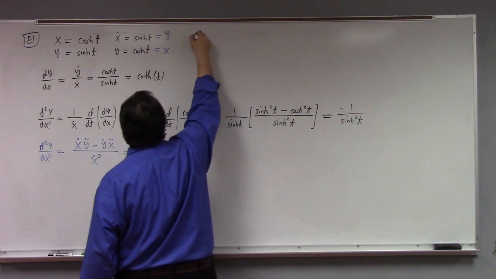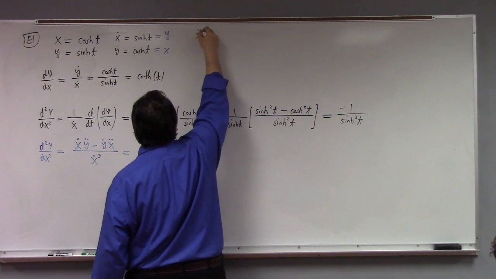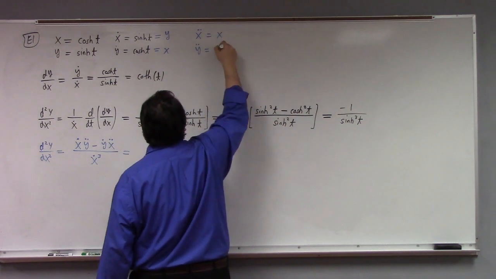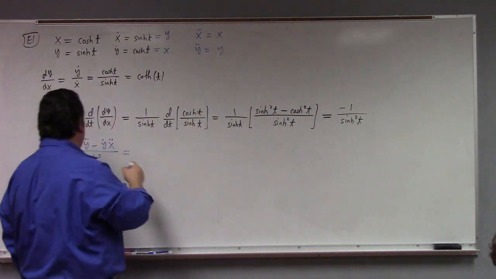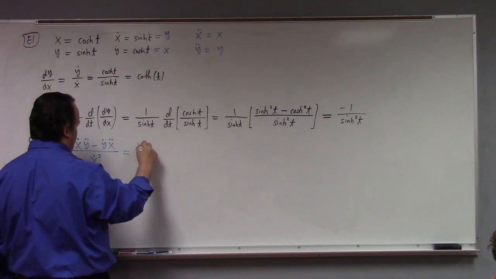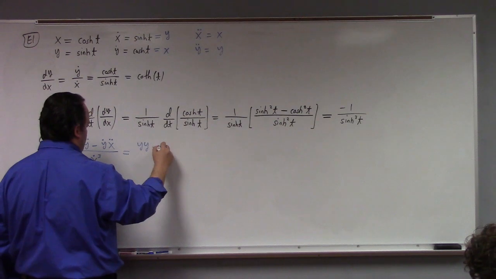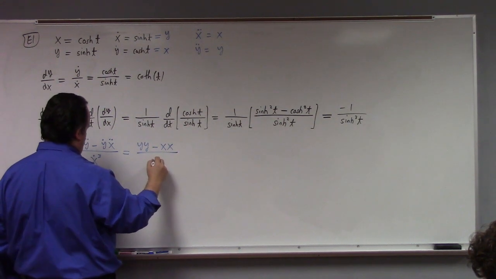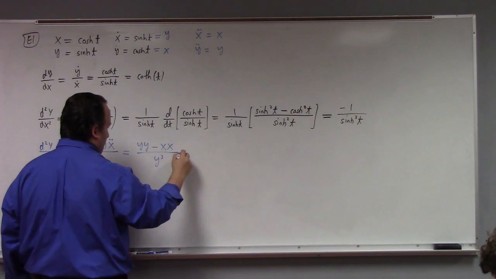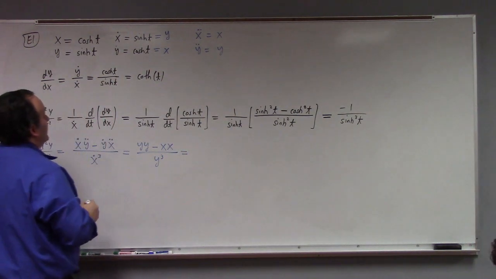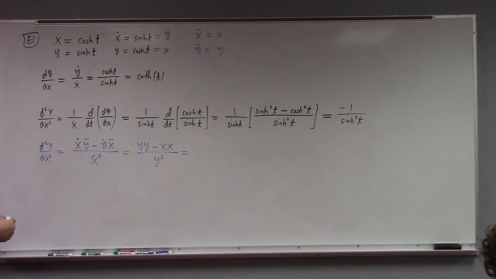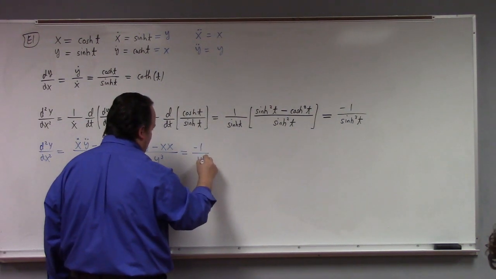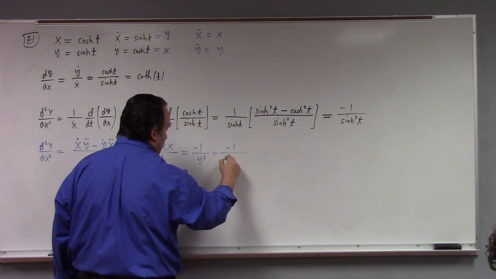It's x. So what's x double dot? What's y double dot here? Yeah, x and y respectively. So this is literally y minus x divided by y cubed. But as you can see here, y squared minus x squared is 1, so you get minus 1 over y cubed. Anyway, I'm playing some games here, but you see you get the same answer.